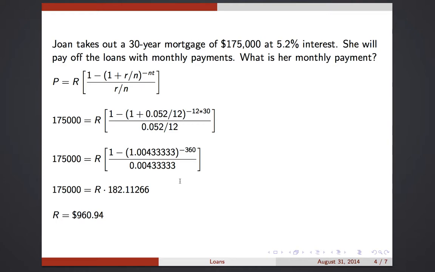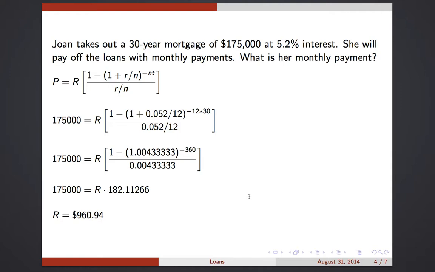Before we move on, let me remind you that just like with the annuity formula, if you're going to do these computations step by step, you should not round very much. You should keep 7 or 8 decimal places. If you round a lot at the beginning of the problem, your final answer will be very far from the correct answer.